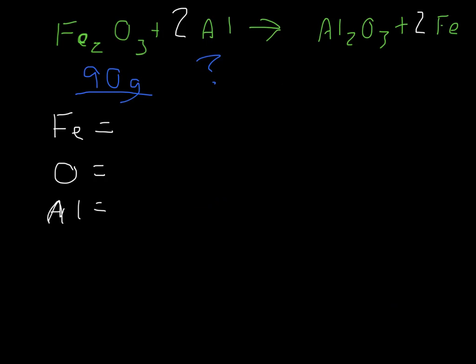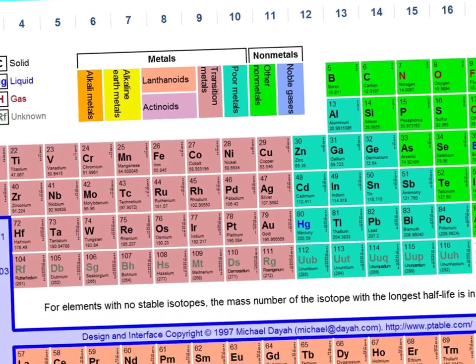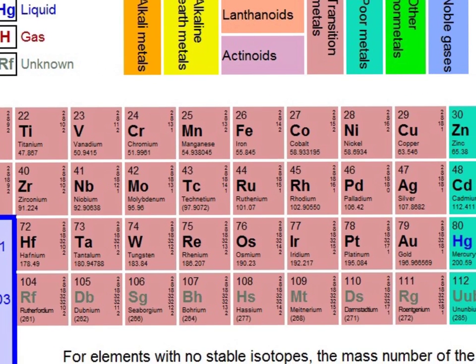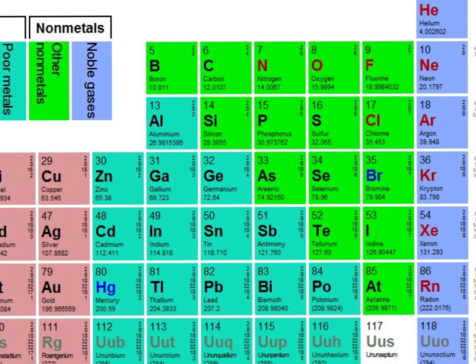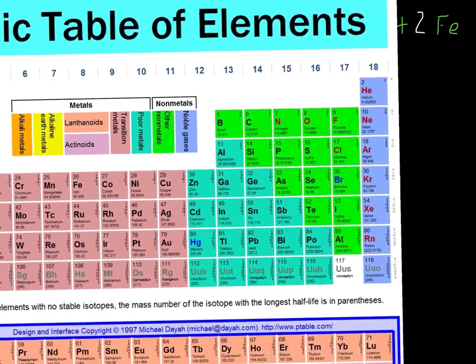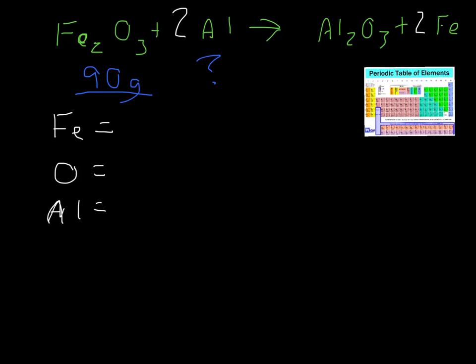There we go. So iron, number 26, weighs 56 AMUs, or 56 grams. Aluminum weighs 27, number 13, and then oxygen, as we know, weighs 16.